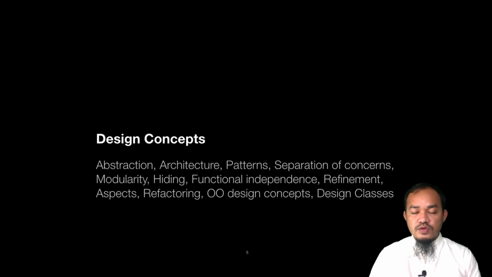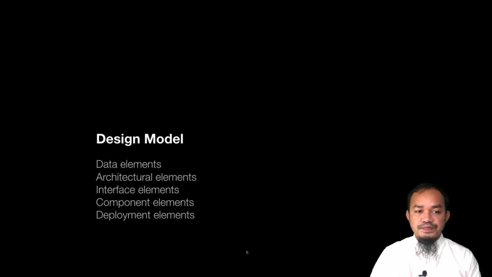This is a recommendation and guideline that we need to follow when we want to design any kind of software system. We will discuss the design model that includes data element, architecture element, interface element, component, and deployment element, used to build the design model that we represent in terms of UML diagram, the standard one.